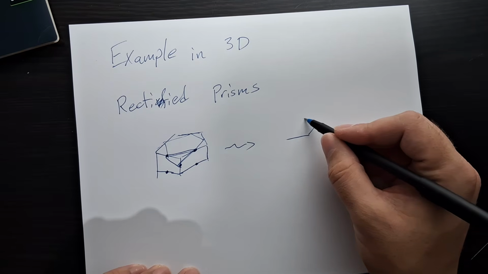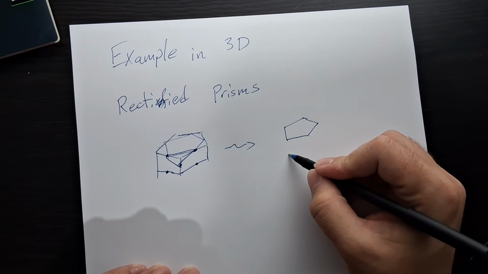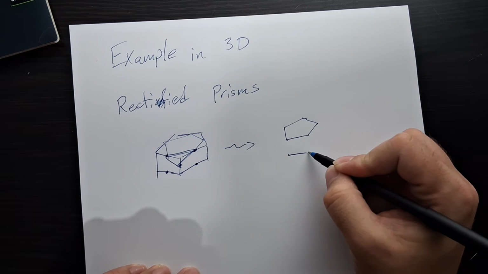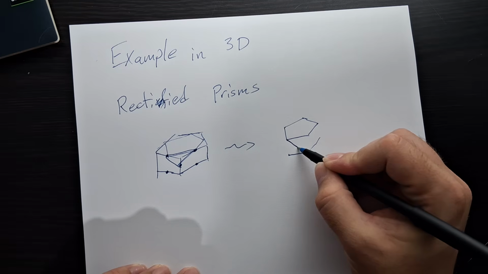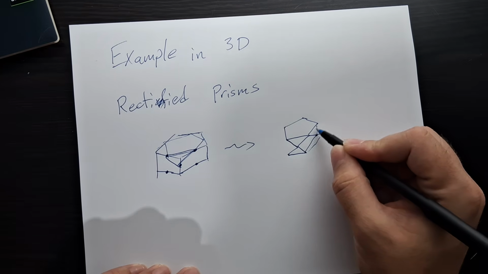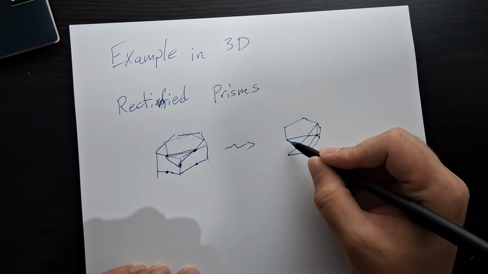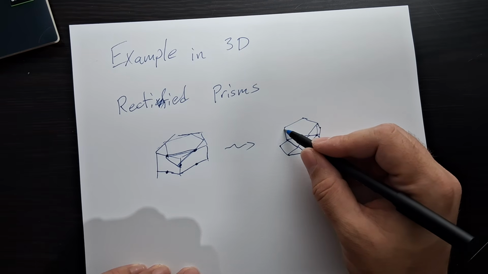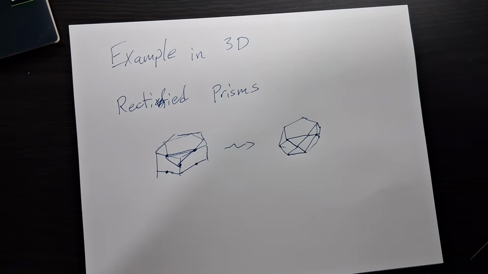So we'll still have a pentagon in this example. But now we'll have the following shape instead. We'll have a new point there, sort of like an accordion. Kind of like a drum sort of look.